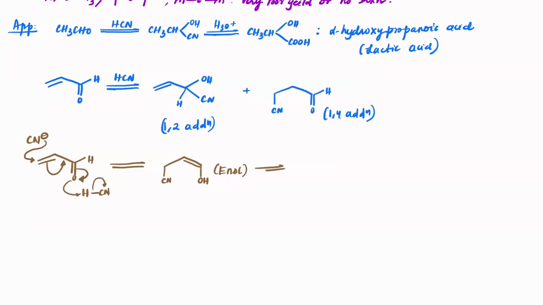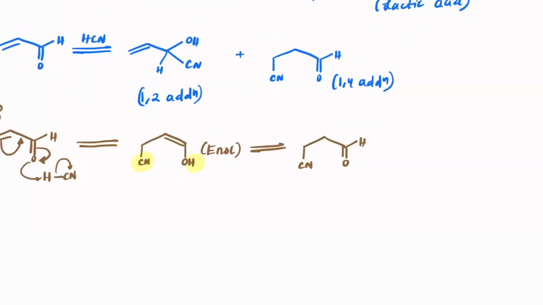And enol will tautomerize back into product formation as double bond O, and cyanide. Notice one thing, this CN got added here, hydrogen got added here. So if I read the position, this is 1, this is 2, this is 3, and oxygen is 4. So what has happened?